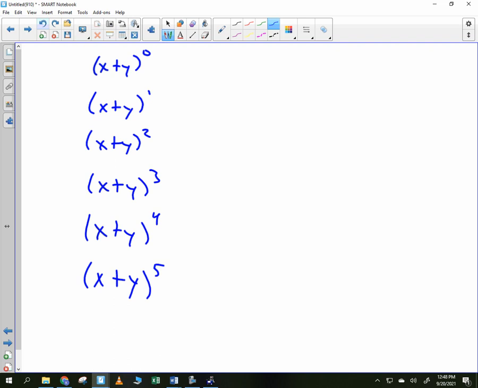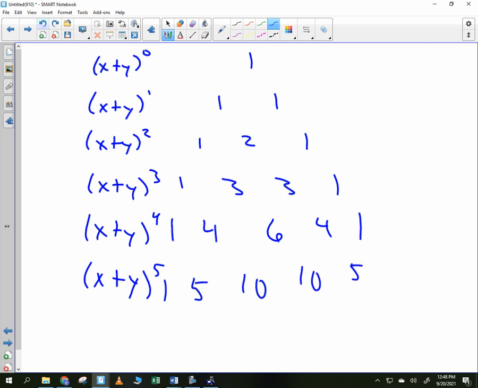We've taught you how to expand all those, and we said that the coefficients in this case would be 1, and then 1, 1, then 1, 2, 1, then 1, 3, 3, 1, then 1, 4, 6, 4, 1, and then 1, 5, 10, 10, 5, 1. We're all good with those, right? What do you notice about the second term?